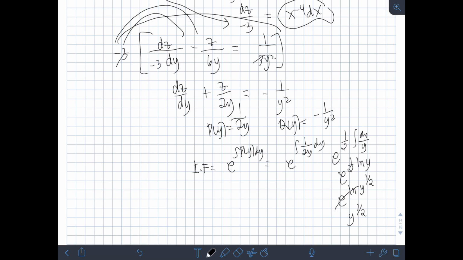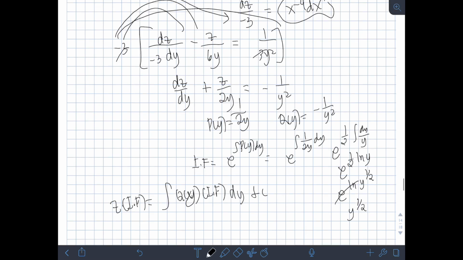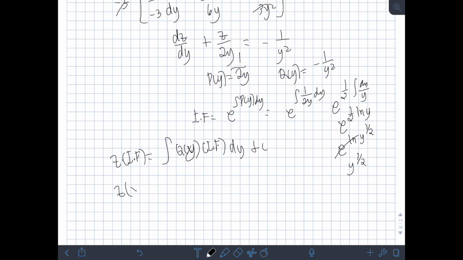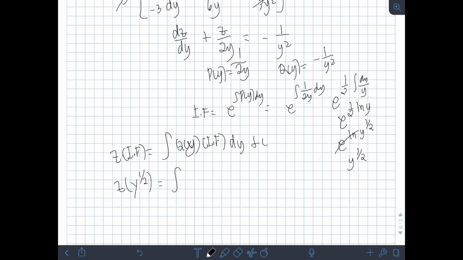So, therefore, ang solution natin is z times integrating factor equals integral ng q of y times integrating factor dy plus c. So, z times integrating factor, y raised to 1 half, equals integral ng q natin, negative 1 over y squared, times y raised to 1 half dy plus c.